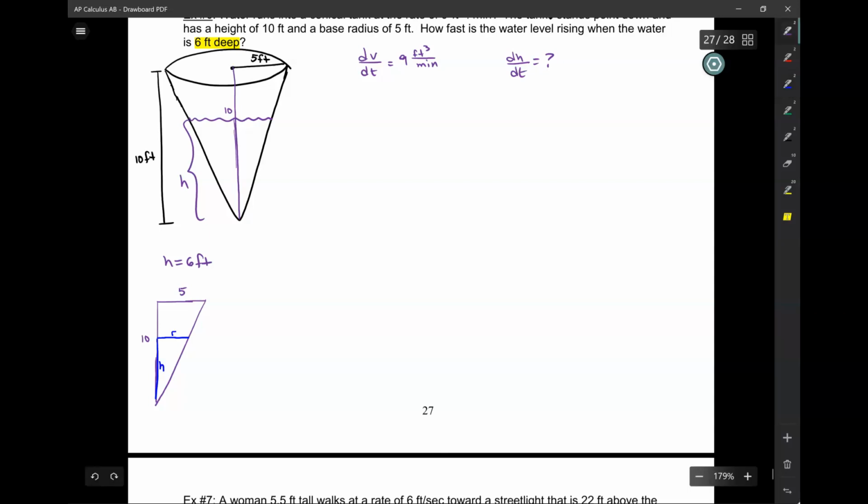R over H is equal to 5 over 10. Okay, proportional triangles. So when H is 6, R is 3.